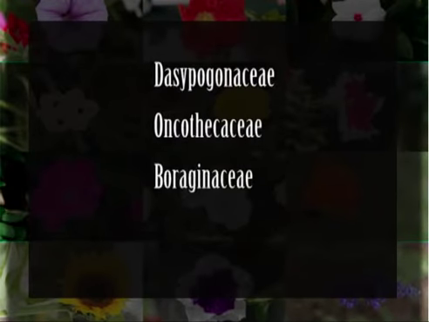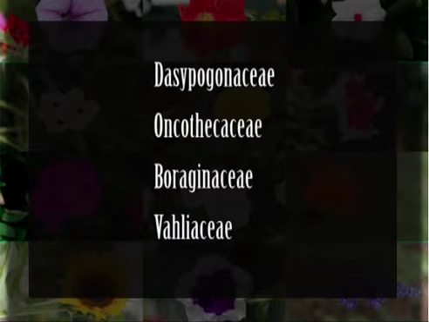In the APG-III classification, that is the latest version of this system of classification, a few families, for example, Dasypogonaceae, Boraginaceae and many others, are still unplaced. They have not been placed in some order.